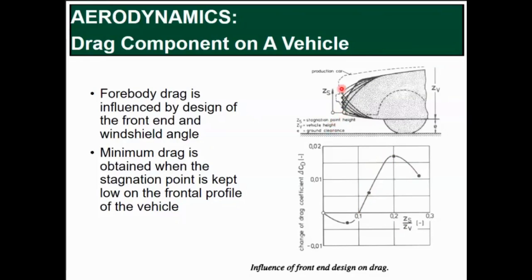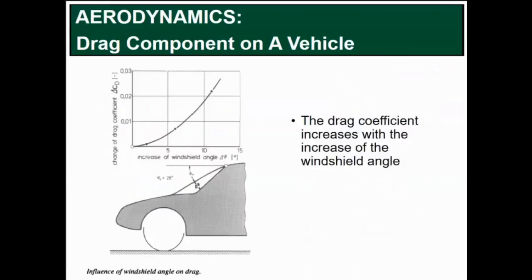If we keep the ZS as low as possible, we can get the minimum drag. And then how about the windshield angle? We can see here when we increase the windshield angle, it will contribute to the increasing of the drag coefficient.